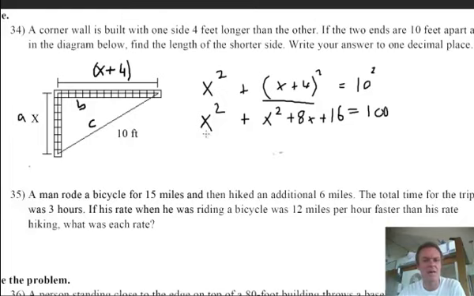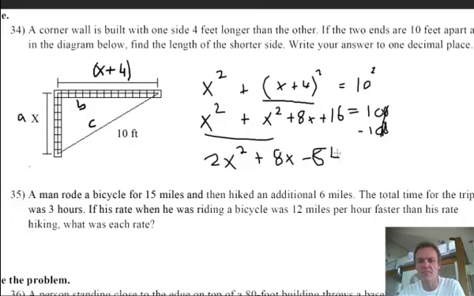We have, these two together will give me 2x squared. Still got an 8x. And if I take away 100 from both sides, remember it must be equal to 0. That'll give me negative 80, and that will now equal 0.